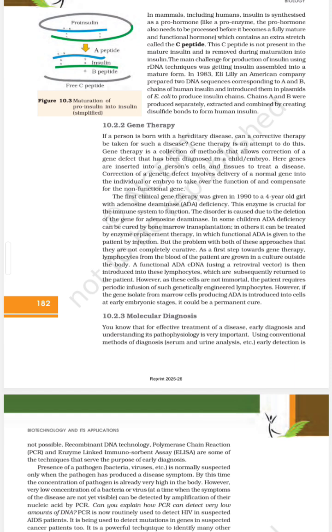And since these lymphocytes are now made recombinant, like they have the recombinant DNA, these lymphocytes were returned to the patient's body. But these lymphocytes are not immortal. Okay, lymphocytes are mortal. So obviously this needs to be done from time to time, right? Again, it's not completely curable. Okay, so the patient requires periodic infusion of such genetically engineered lymphocytes.